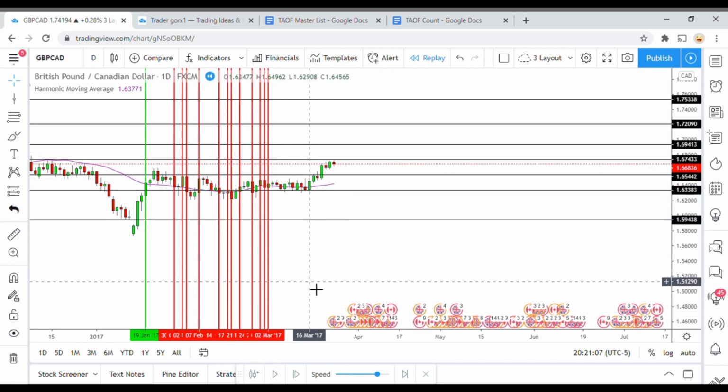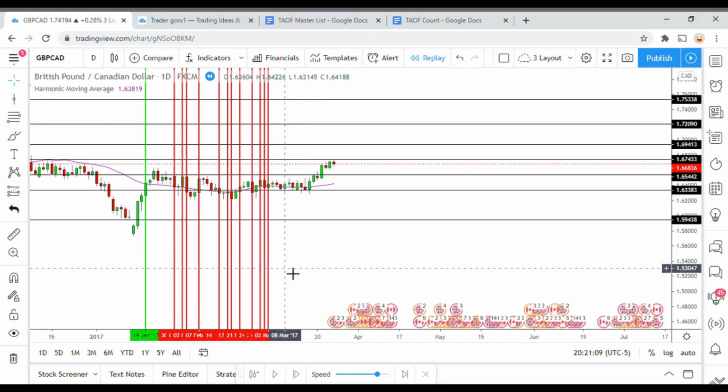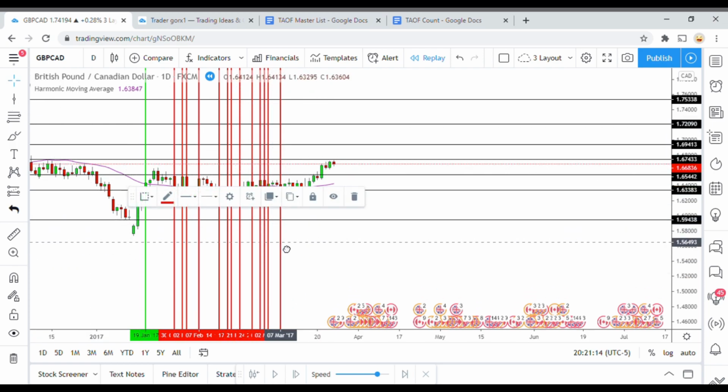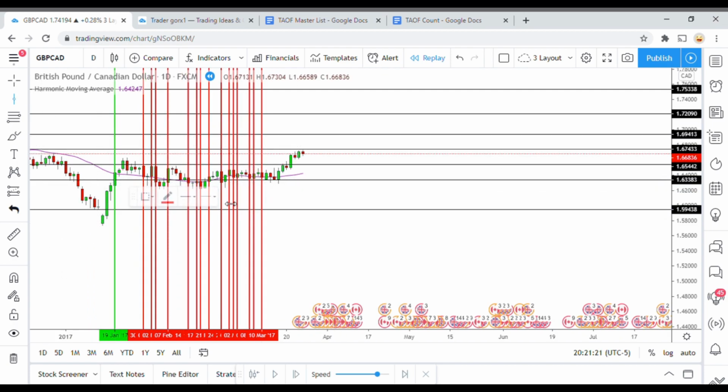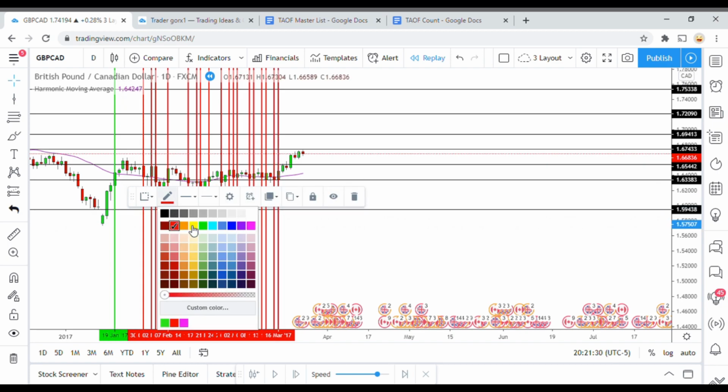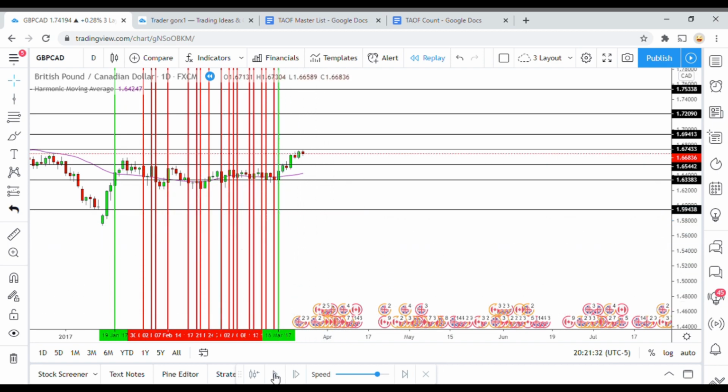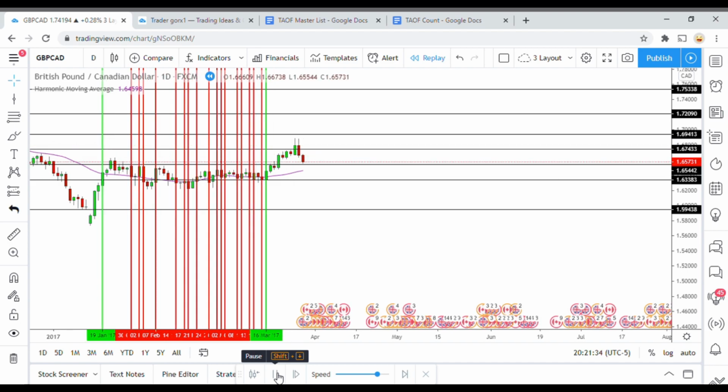Wow, that thing just ran into a level of choppiness that is just absolutely crazy. Let me go ahead and mark these out here. And then, boom, we finally get a take profit out of that.